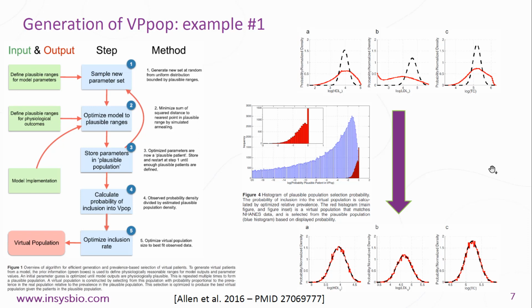The upper figures represent how the large cohort of patients, called the plausible population, describes the data, where the black curve is the data, and the red curve represents the model predictions. And then when a small population of patients is selected, the data can be described quite well.